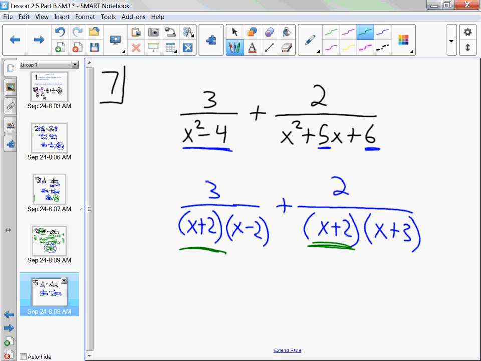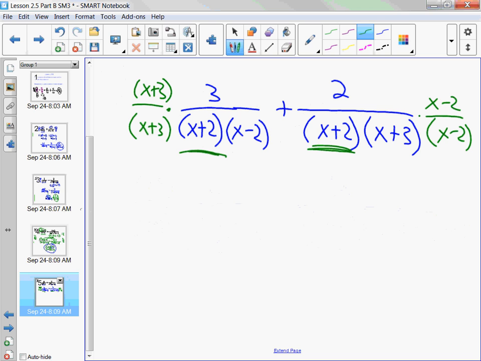So to get a common denominator, I've got to multiply this one by x plus 3. So I have to multiply the top by that as well, make it a special one. And over here, I've got to multiply it by x minus 2, at the top and bottom.